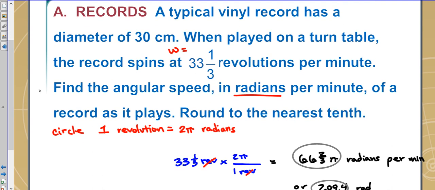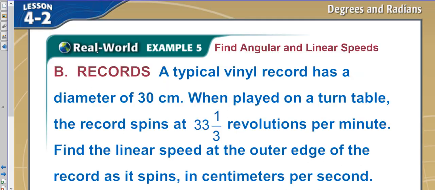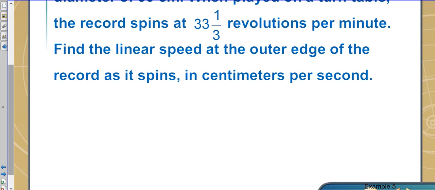They gave us the w, and remember that w equals theta over t. So if we wanted the theta in seconds, because that's what they asked in the next one, we would take that same value.